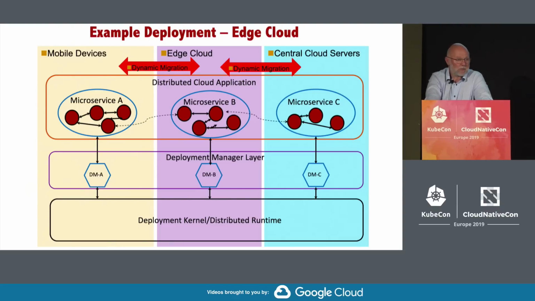Each one of these microservices is run by one or more deployment managers in that layer in the middle there, and all of these run on top of essentially a distributed kernel, which provides all the heavy lifting, the thing that moves processes around and intercepts various different system calls. And using this kind of approach, it becomes very straightforward to, for example, automatically migrate microservices to optimize for any given property, latency or power consumption, anything like that.